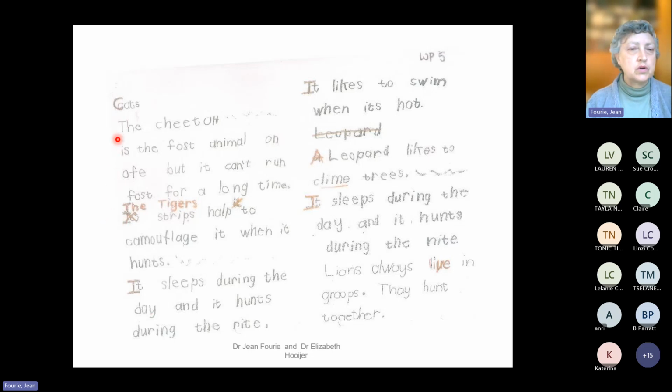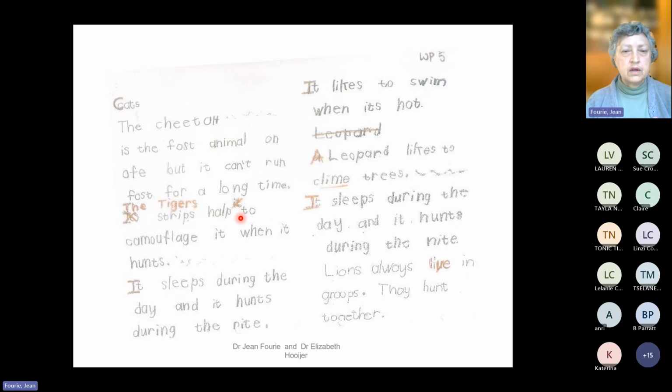The previous sentence spoke about the cheetah. So we can't be speaking about stripes over here. We actually are speaking about tigers. So we need to cross out this it's and make it the tiger's. And the child writes that in. The tiger's stripes help.